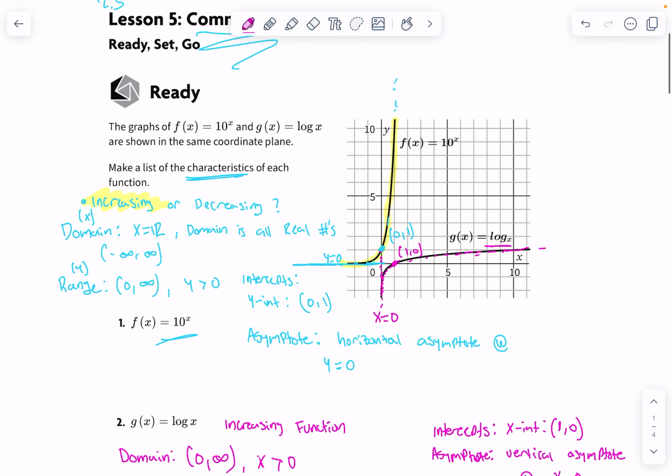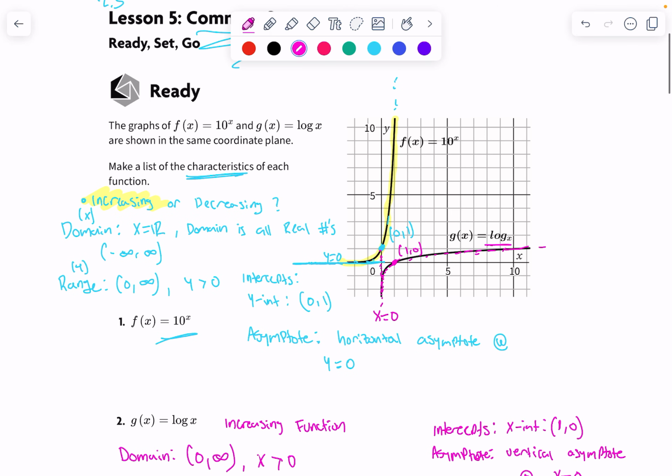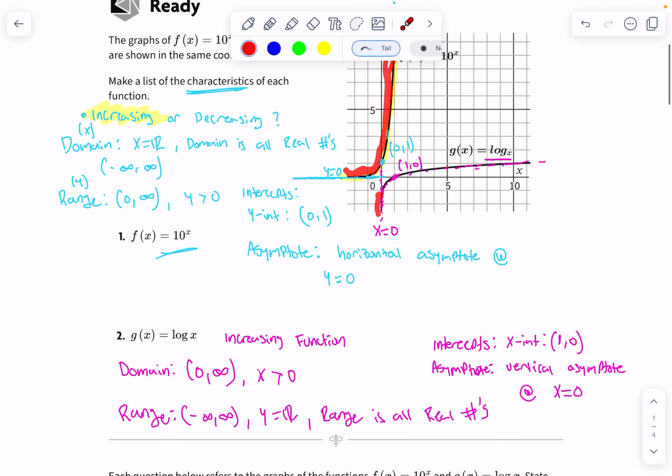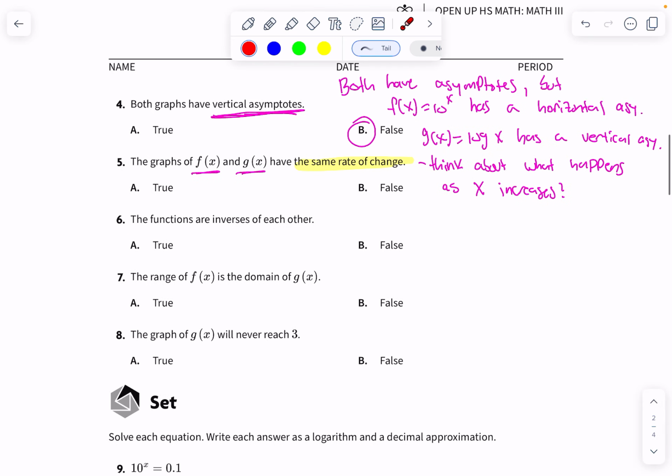So as x increases here, we're on this roller coaster for f of x. And as x goes up, we're going super, super fast, right? We are increasing at a faster rate of change. Now here, we're going a little bit slower, right? We are being more slow with our traveling, right? So this is false.